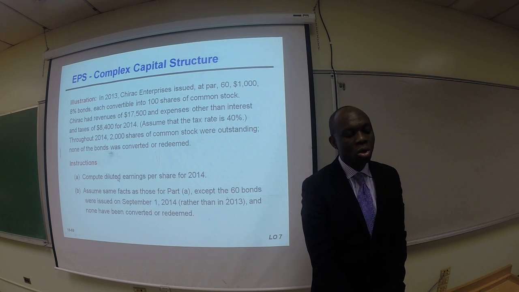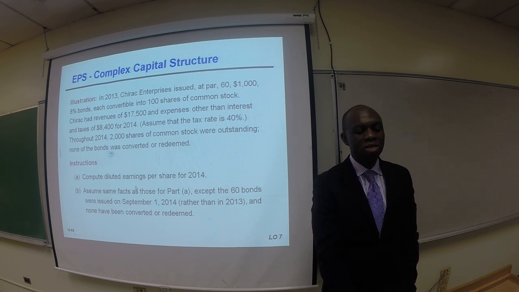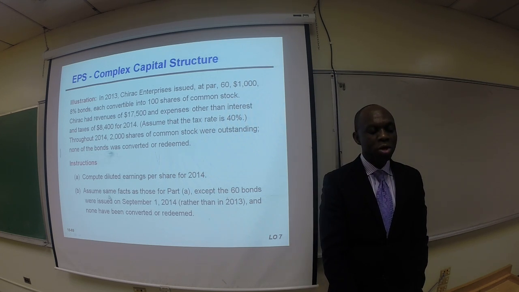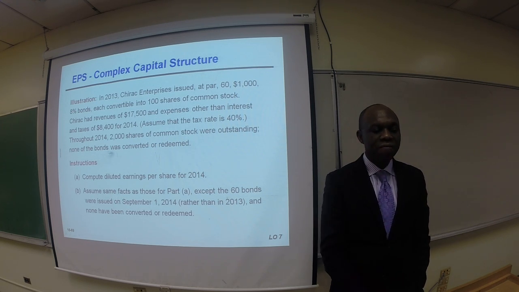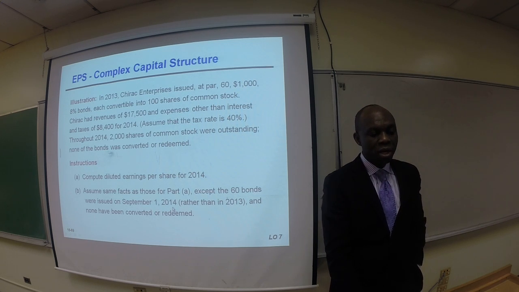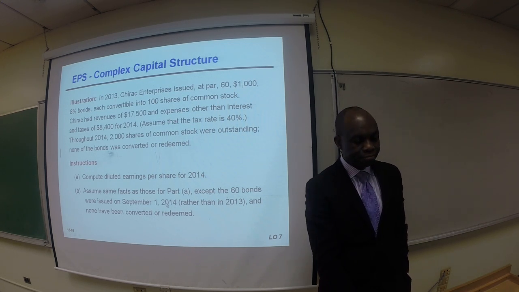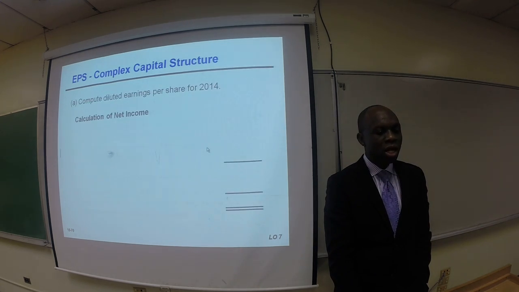So we are now to compute diluted EPS for 2014, and we are going to assume the same facts as we discussed in part A, except that here the 60 bonds were issued on September 1st, 2014, rather than in 2013. So let's take a look at how that works out.